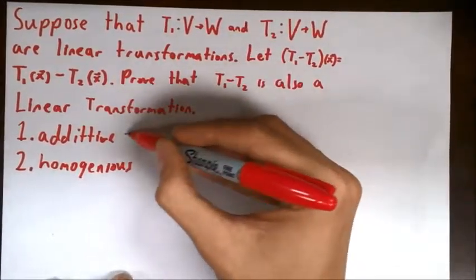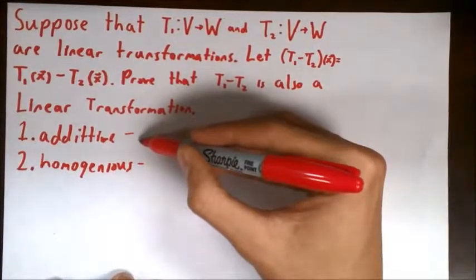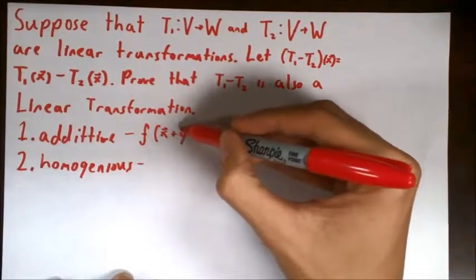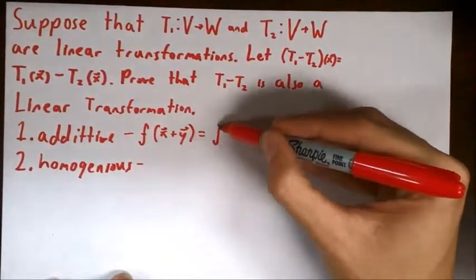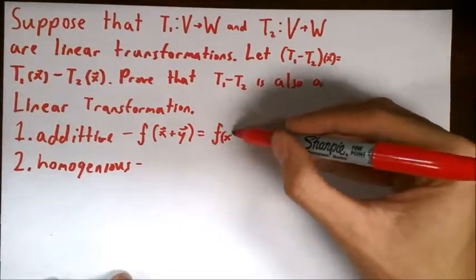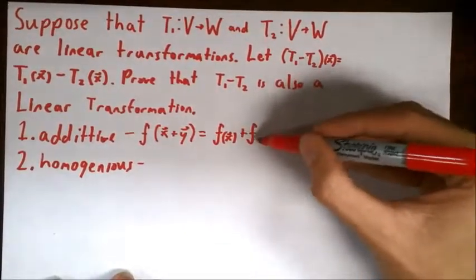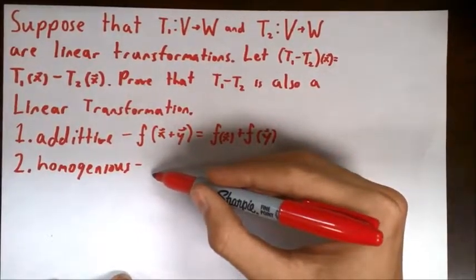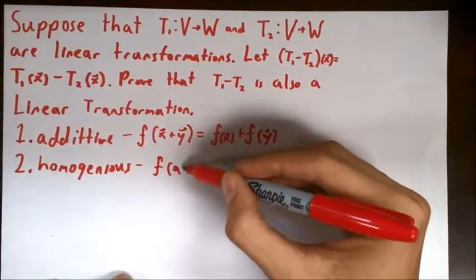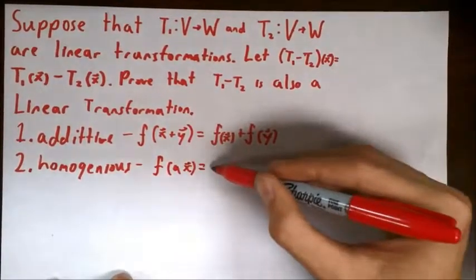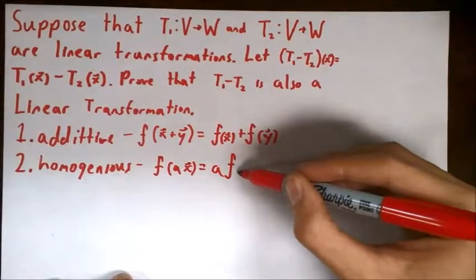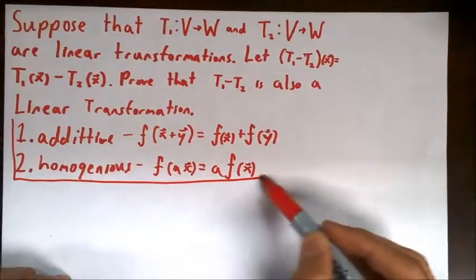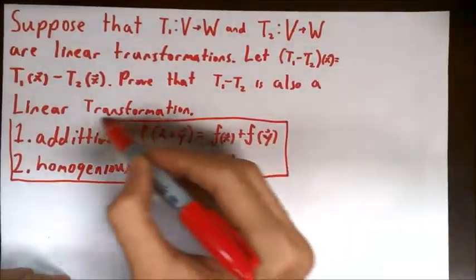The way that you solve for these mathematically is that for it to be additive, the function of x plus y must equal the function of x plus the function of y. And for it to be homogeneous, the function of some constant a times x must equal the constant a times the function of x. This is what you will be following to solve any transformation for its linearity.